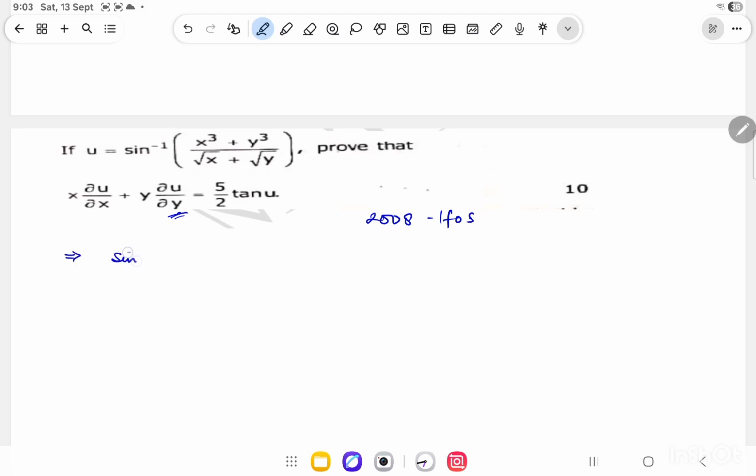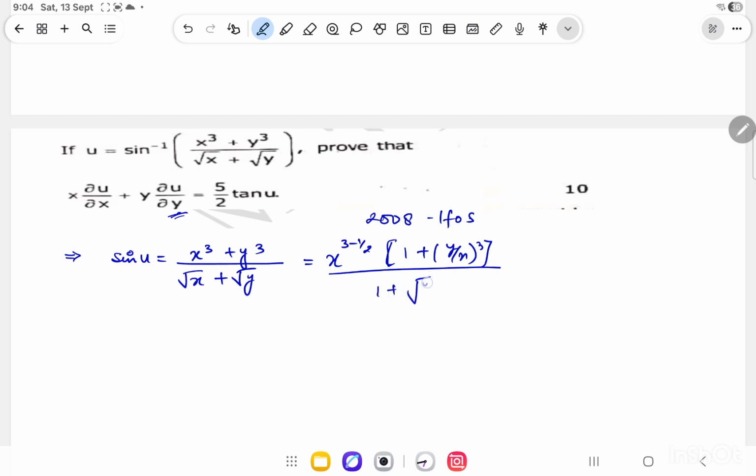So from here, I'll get my sin u as x cube plus y cube divided by under root x plus under root y, and I can write it as x raised to 3 minus 1 by 2 into 1 plus y by x cube divided by 1 plus under root y by x.